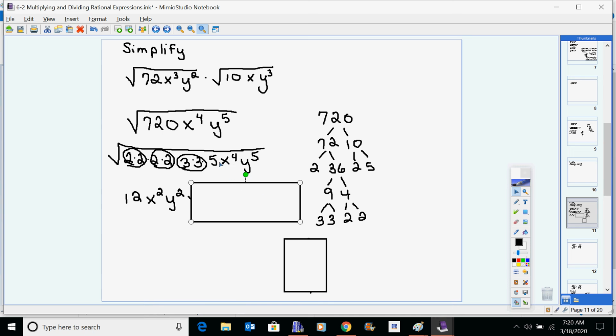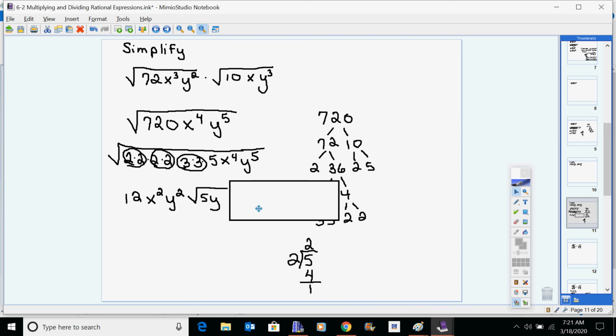We can understand that 4 divided by 2 gives you 2 x's that come out. 5 divided by 2 gives you 2 with a remainder of 1, so 2 y's come out. We have a square root and 1 leftover 5 in there and 1 leftover y in there. So this would be our simplified form of that.